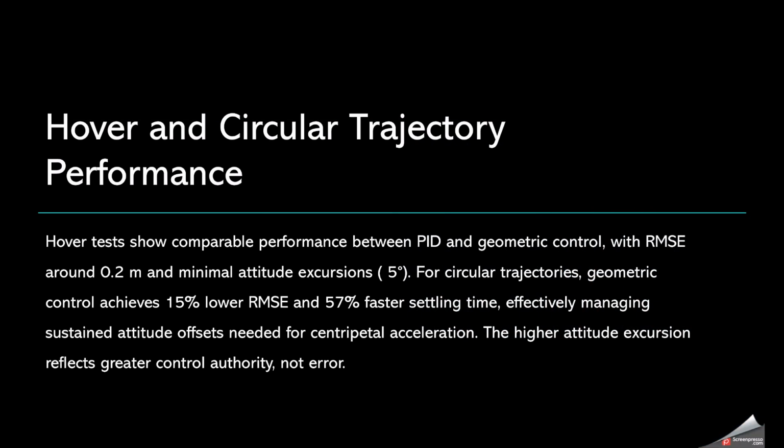In hover, PID and geometric control are similar with RMSE around 0.2 meters and attitude excursions near 5 degrees. In circular tracking, geometric control performs better, about 15% lower RMSE and about 57% faster settling time. The larger sustained tilt is expected for a circular motion.